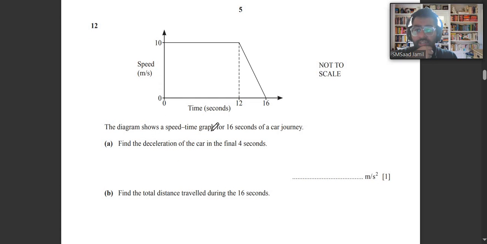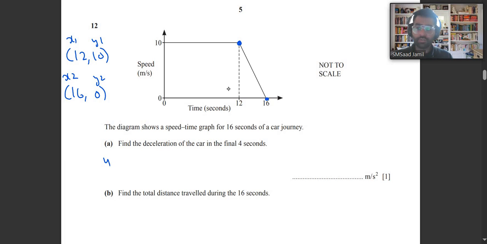Question 12, it says find the deceleration of the car in the final 4 seconds. Look, when they say deceleration, the final 4 seconds are from like 12 to 16. Deceleration or acceleration means finding the gradient. So this point, it's actually 12, 10, because the value of x is 12, the value of y is 10, and this point is actually 16, 0. x1, y1, x2, y2.